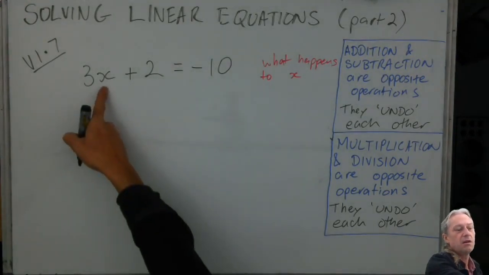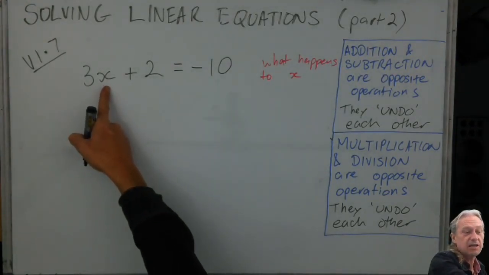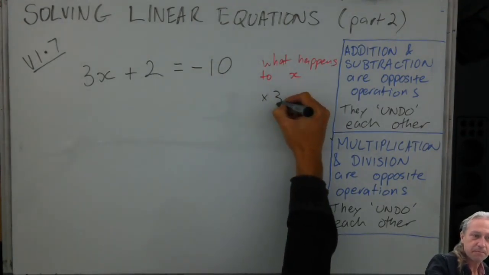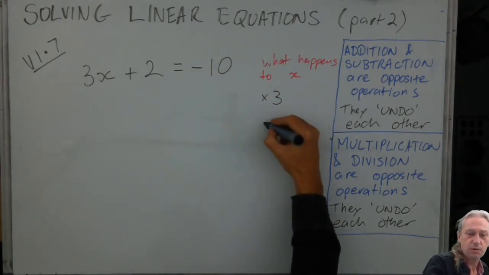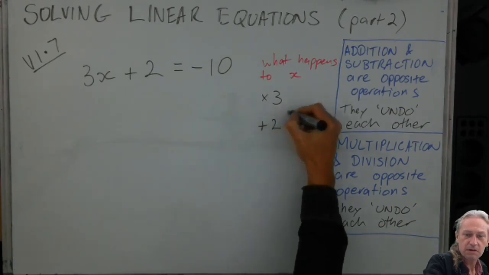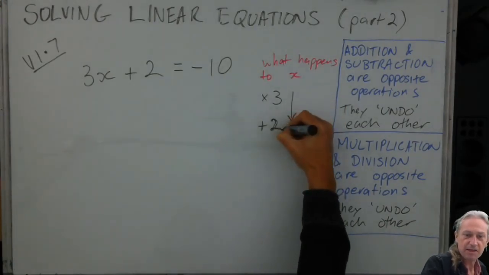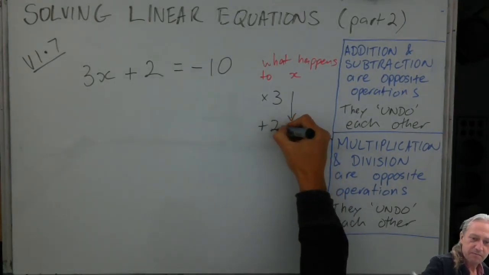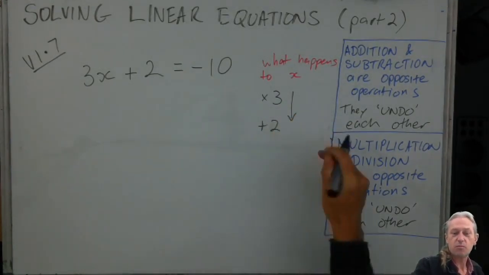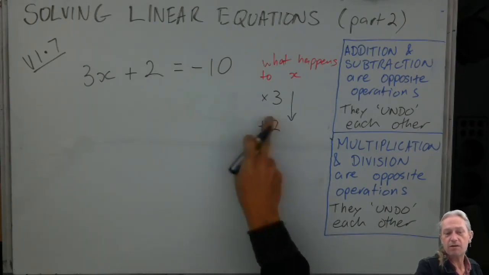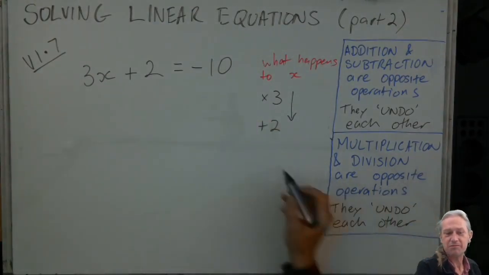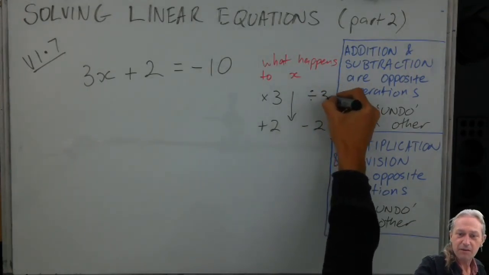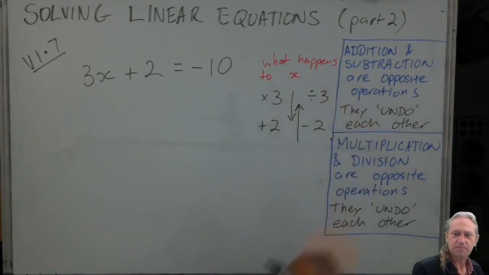So again, the first thing that happens to the x from the inside out is it's multiplied by 3, and then we add 2. That's happening to the x in that order. So write that a bit neater. So then to undo this, we use the opposite operation. So we subtract 2, and we divide by 3, going that way.